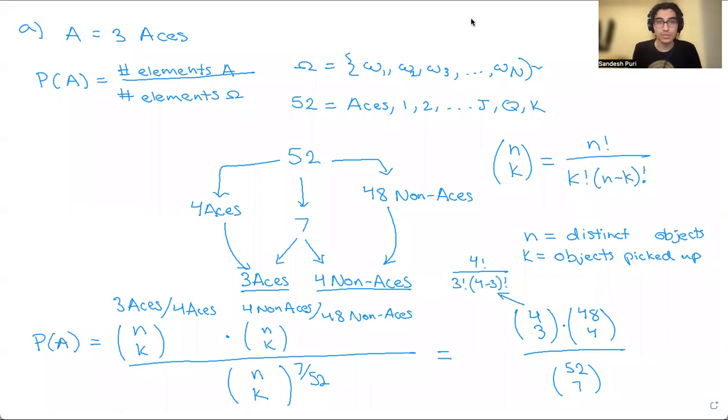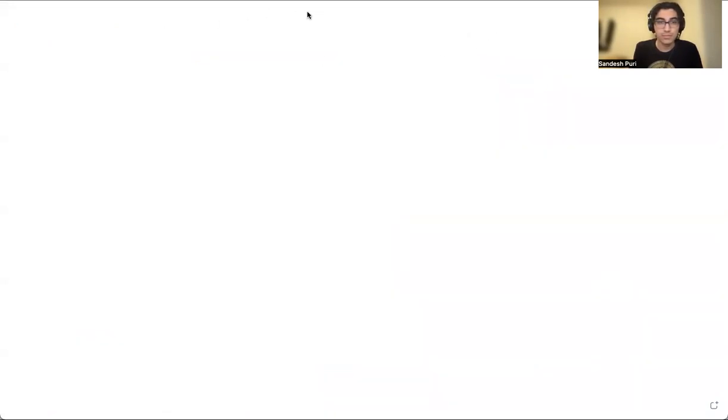Let's move on to question part B. So for part B, it asks us to get exactly 2 kings from a sample of 7.